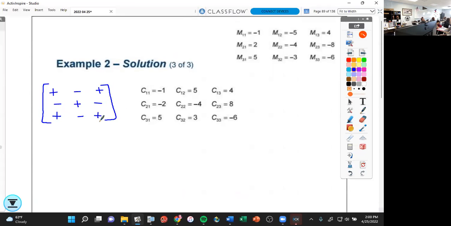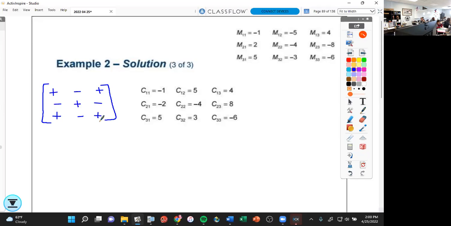Okay. -1, leave the sign alone. -5, change the sign to 5. 4, keep the sign, 4. So these signs don't mean that the answer is going to be positive or negative.